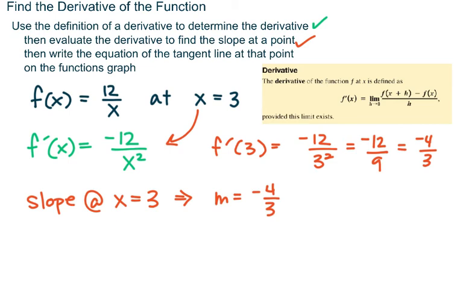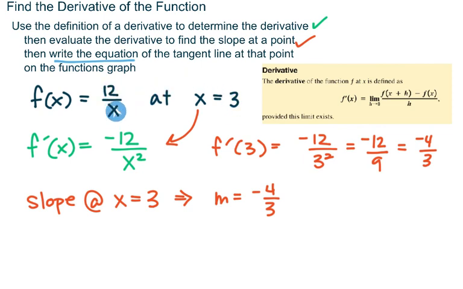The third piece we're asked to find is to write the equation of the tangent line. So we'll use our point slope formula for that. In order to use it, we need both a point and a slope. I have an x value, but I don't have a corresponding y value.